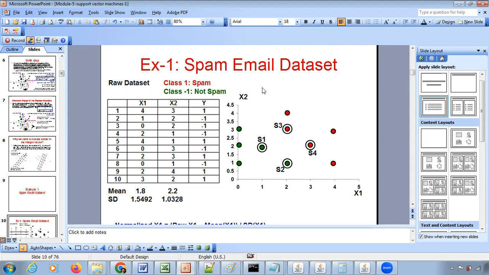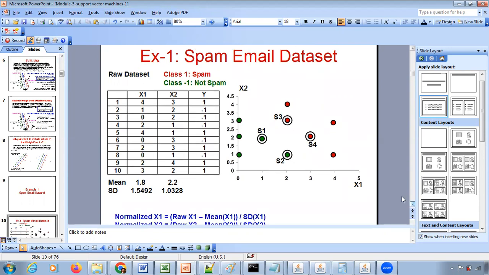So this is the raw data set that we have here. And if we plot the two features x1, x2, this is what we get. And so this is the class -1, which is not spam emails. And this is the class spam emails. We have 5 data points for each class.